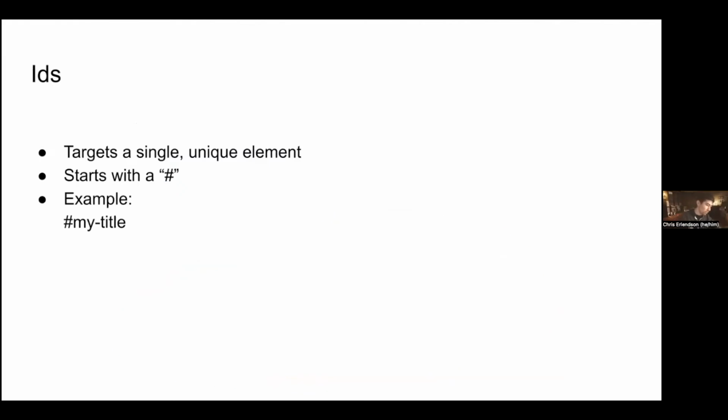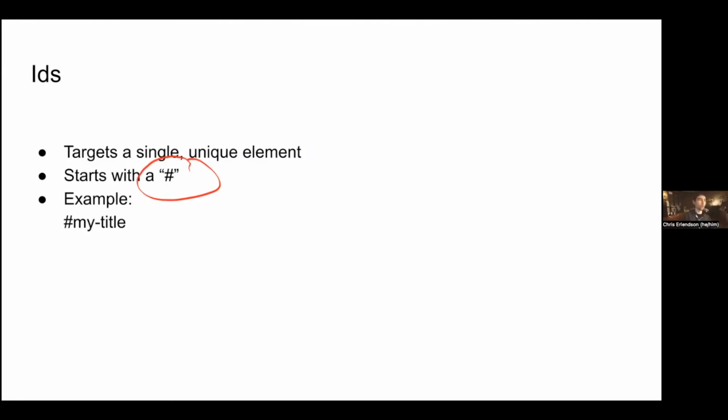The other kind of technique we have to target elements is IDs. So let's say you don't want to target a group, you just want one. You just want one element, a single unique element to be targeted. You're going to use IDs, and they are going to start with this.